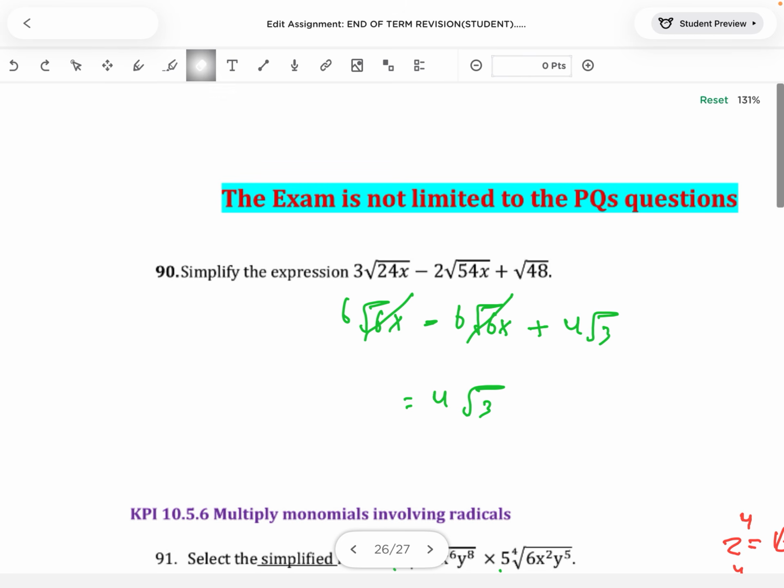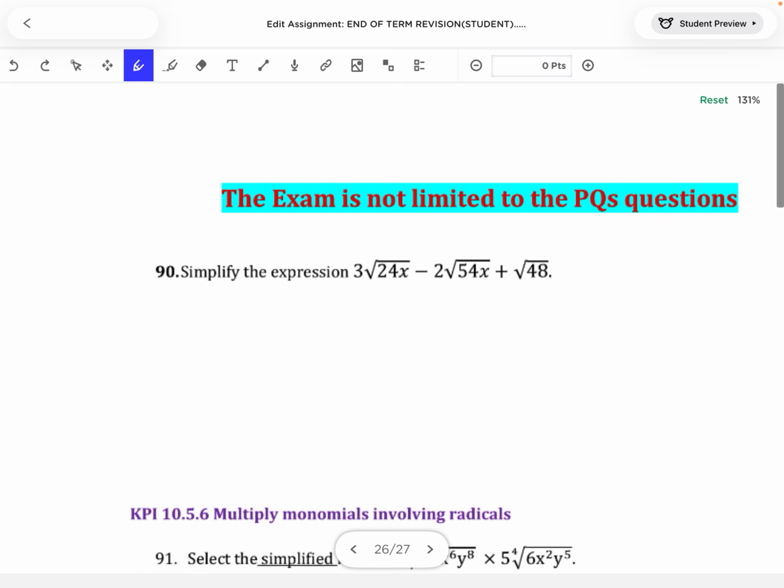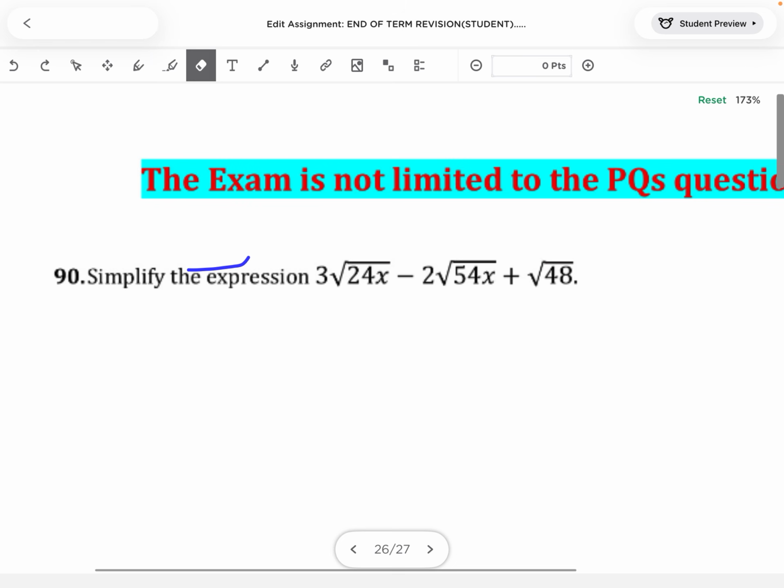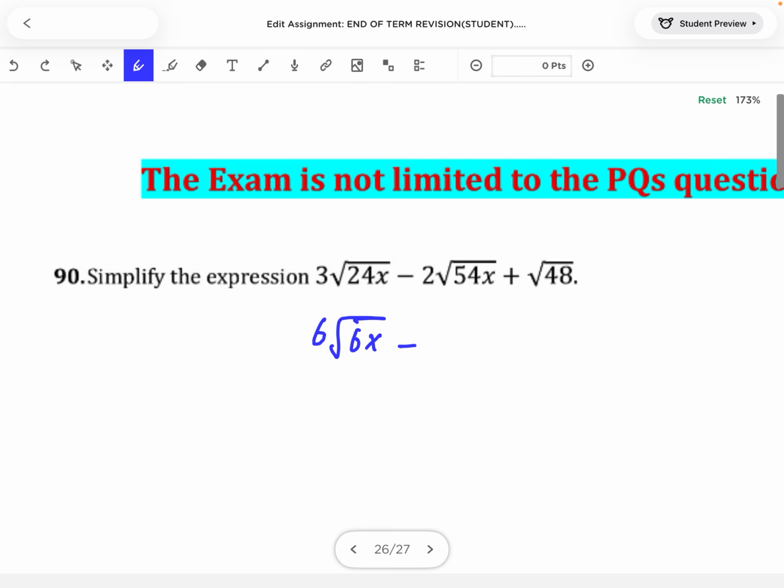Okay. Same story for this one. Same idea. 3 radical 24 is 6 radical 6x. 2 minus 54 radical x, same story, is 6 radical 6x plus 4 radical 3. These two are 0 when you subtract them from each other, so it will be 4 radical 3.